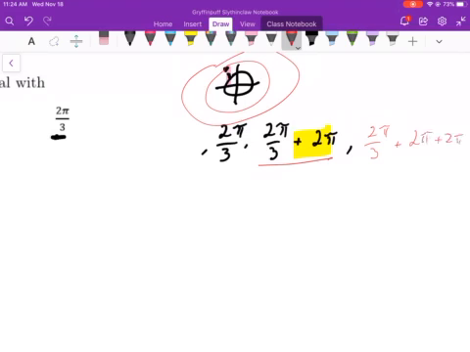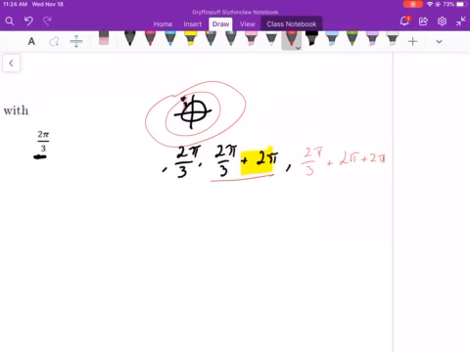Now, people would argue, oh, you should have written 4 pi. Sure, but it's harder to see the pattern. Now, I can do the same, dot, dot, dot, 2 pi over 3 plus 2 pi, 2 pi, 2 pi. So I can simply do that in that manner.